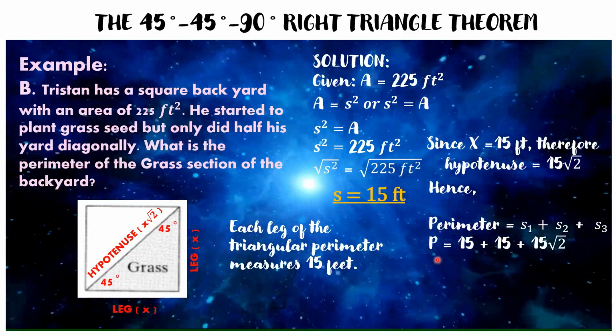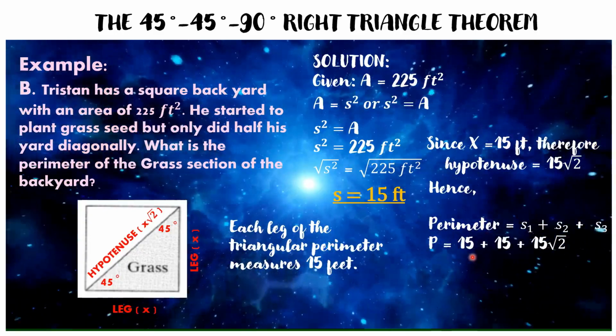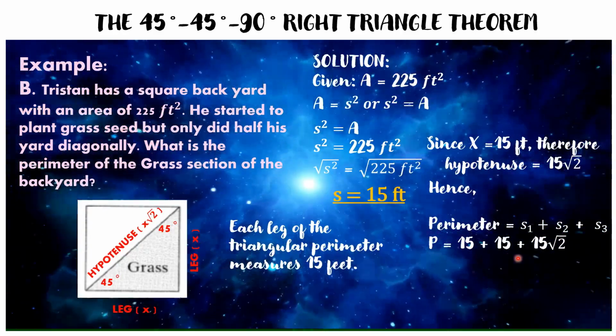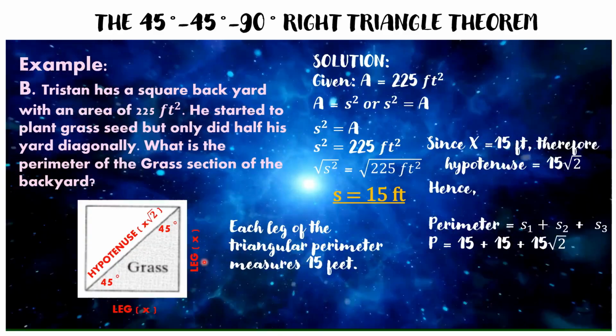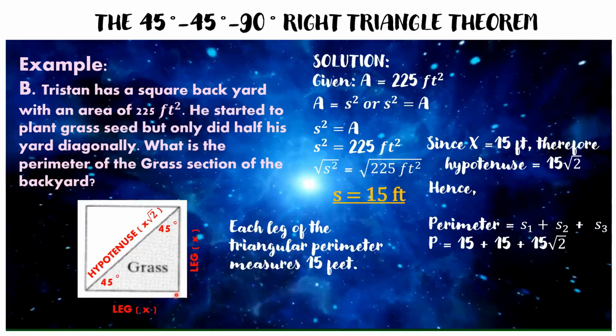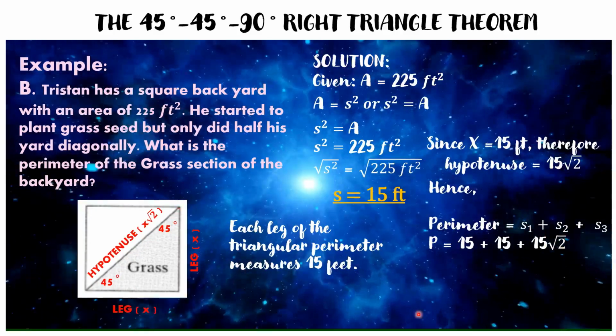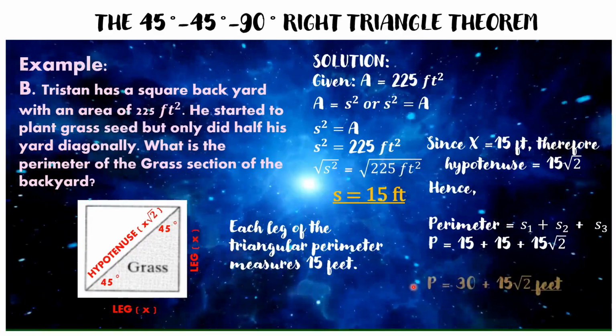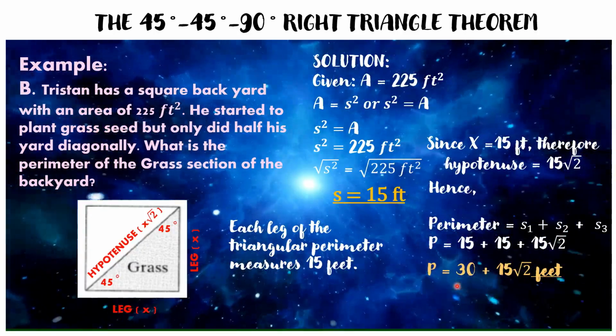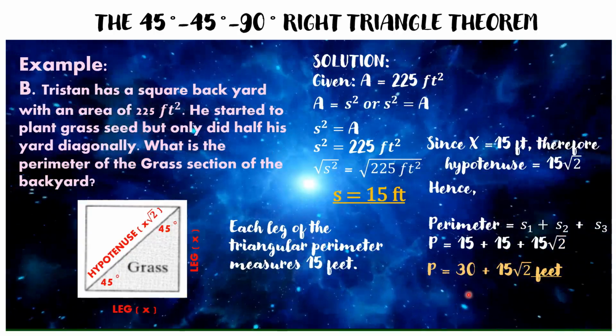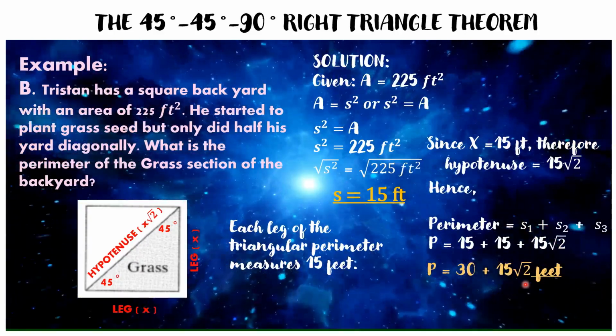Then, by substitution, perimeter is equal to 15 plus 15 plus 15 square root of 2. So, the perimeter is equal to 15 plus 15, that is 30, plus 15 square root of 2 feet.